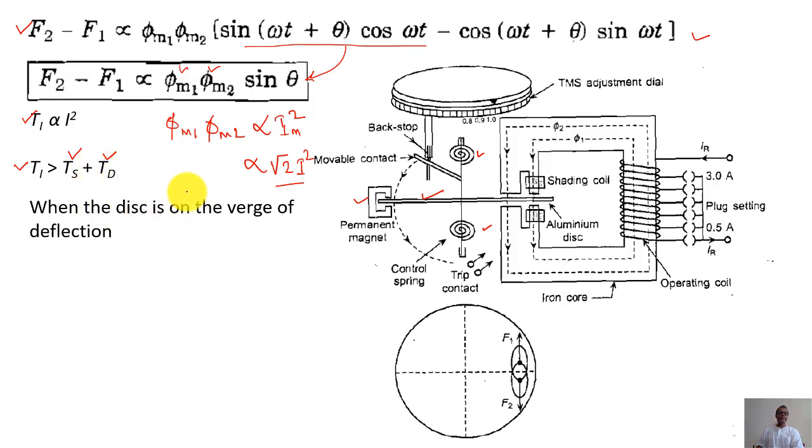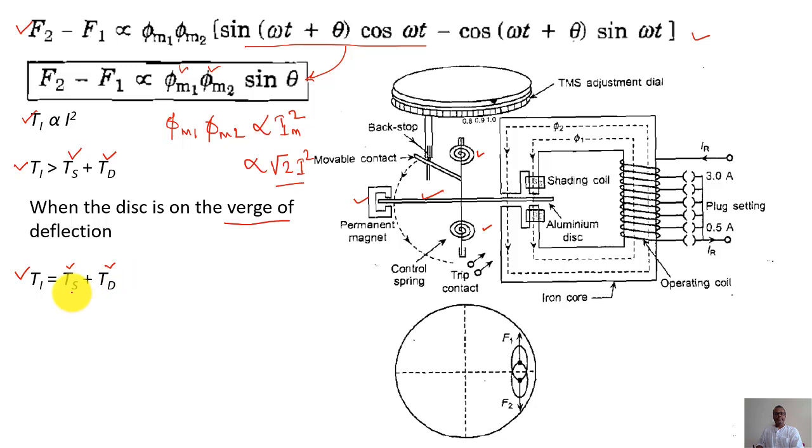Then when the disc is on the verge of deflection, that means at the point exactly when the disc is about to start rotating, at that time we can say that Ti should be equal to Ts plus Td. Ti is your induced torque, Ts is your spring torque, and Td is your damping torque.